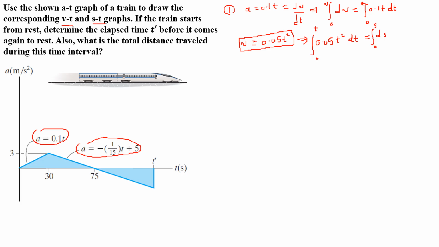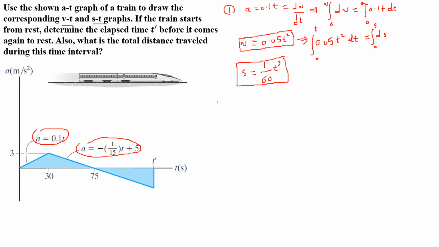So now, once we do this, also a simple integral, we will have s to be 0.05 over 3 t cubed, right? So that will be something like 1 over 60 t cubed. Okay, so these are the velocity and s functions for the first interval, for when a is 0.1.